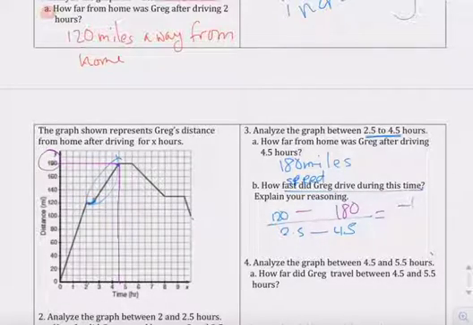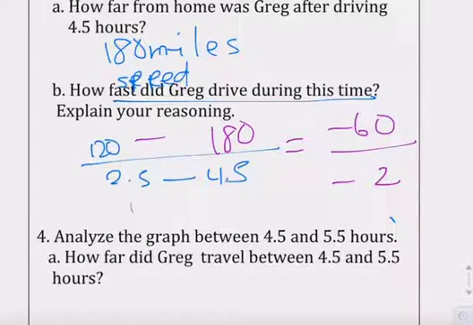Subtract: that's 60 over 2. So he was going 30 miles per hour.